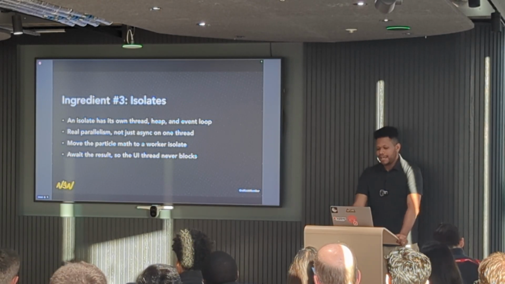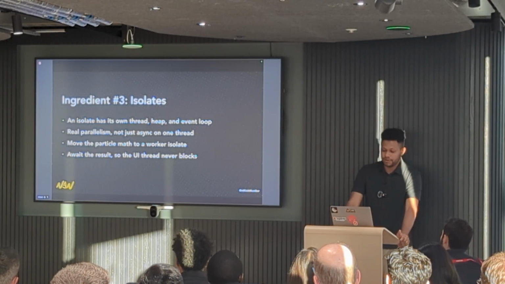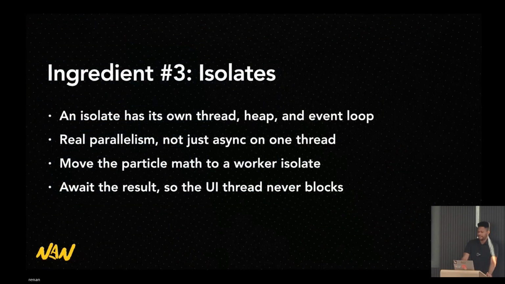So, an isolate. We can understand this concept in Dart that's called an isolate. Your Flutter app runs on an isolate, the main one, but you can create secondary ones. Each isolate behaves like a thread, but it's not quite a thread because each one has its own memory heap, its own memory space.